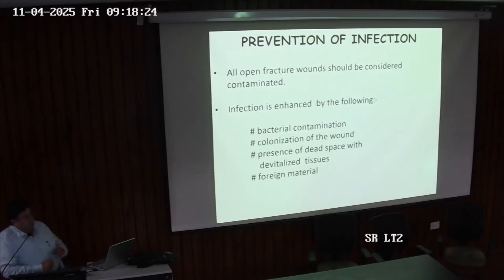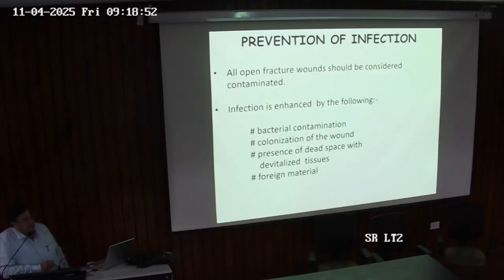So all open fractures should be considered contaminated. Either bone comes out of the skin, or some hard object goes inside the skin to the bone. So dirt and other tissues get inside the wound.